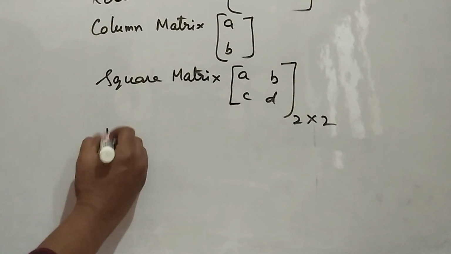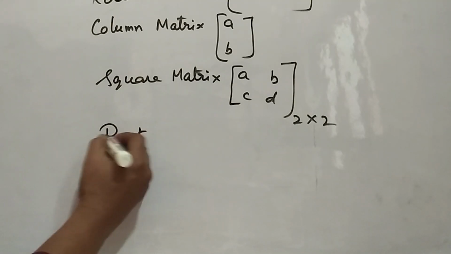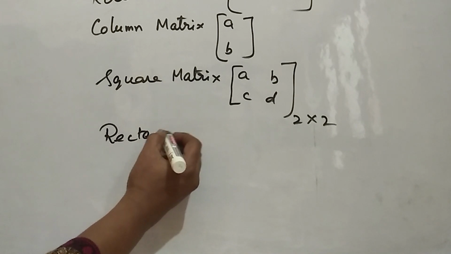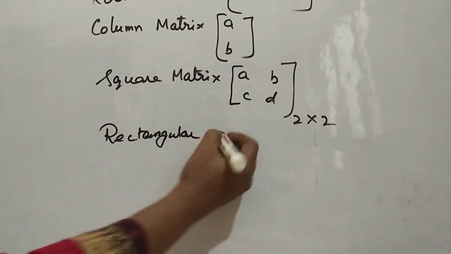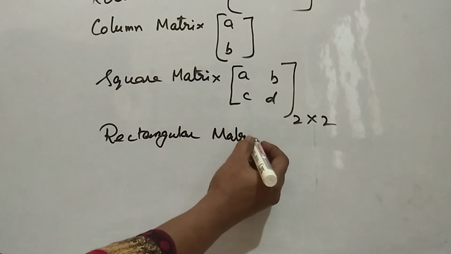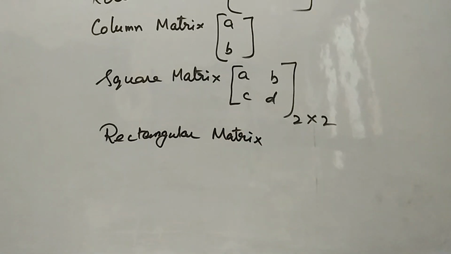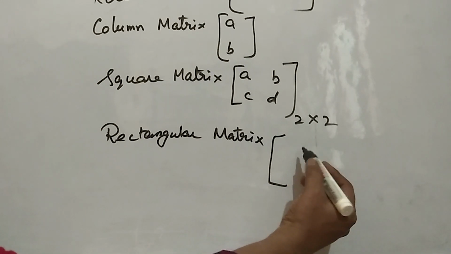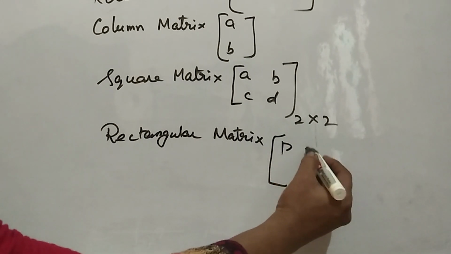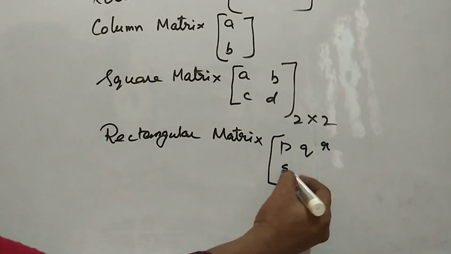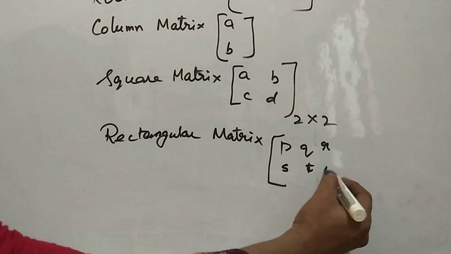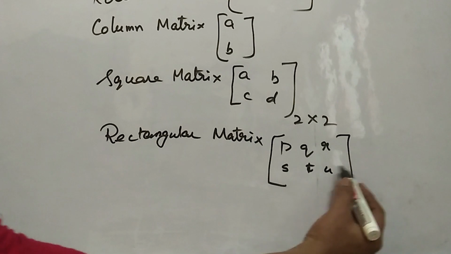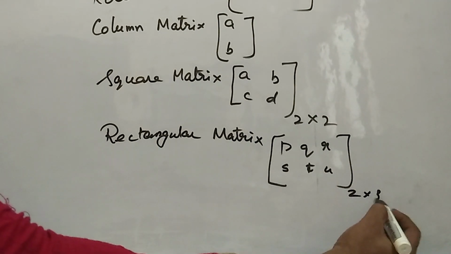Then rectangular matrix: number of rows not equal to number of columns. P, Q, R, S, T, U. Here you see 2 rows but 3 columns.